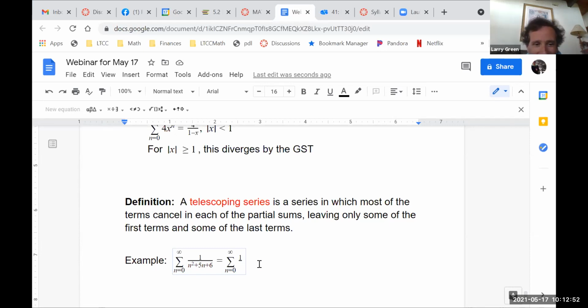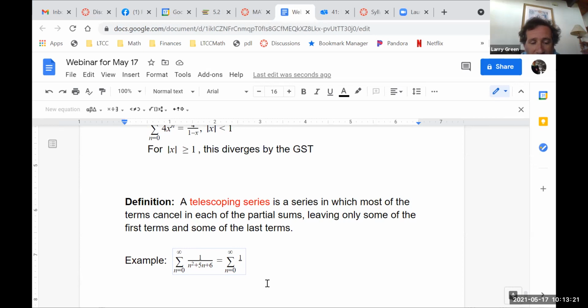I don't have time to go through the whole partial fraction process because we're running out of time. If you factor this, you'll get n plus 2 times n plus 3.